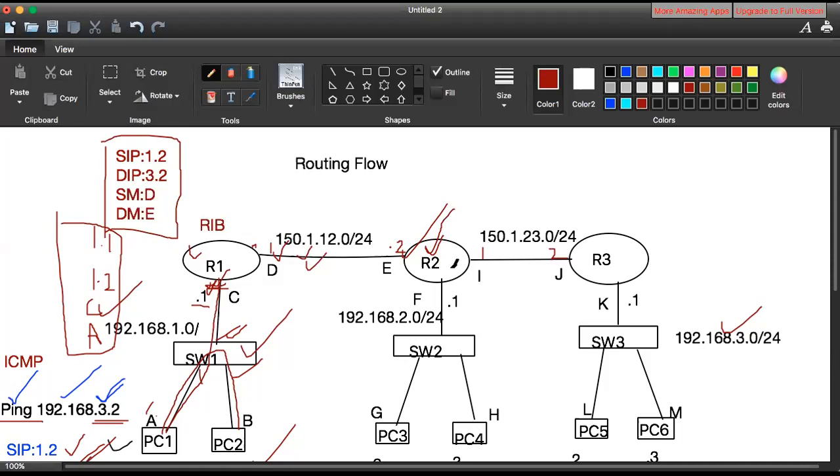If it doesn't find it, it'll drop it there. Again, ICMP would generate a message here saying unreachable. Just remember, every time the packets are unreachable, you would see the reply from dot 1 itself. But for troubleshooting, you have to approach it by troubleshooting first R1 and then R2 and R3 like this.